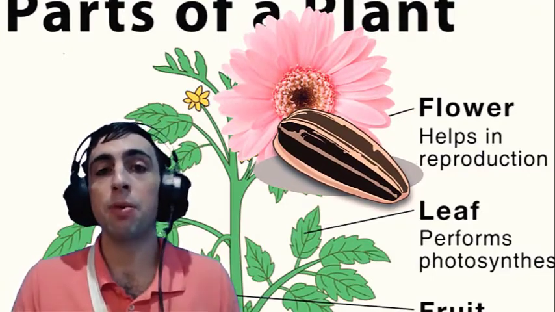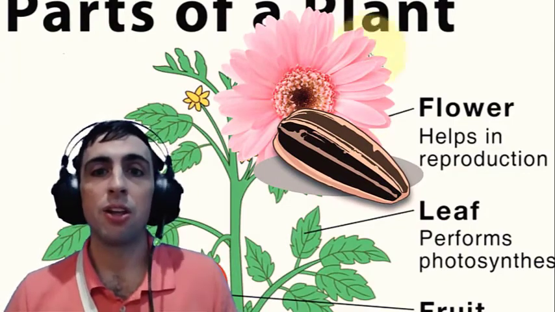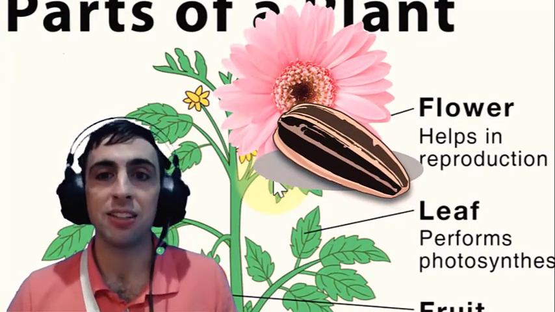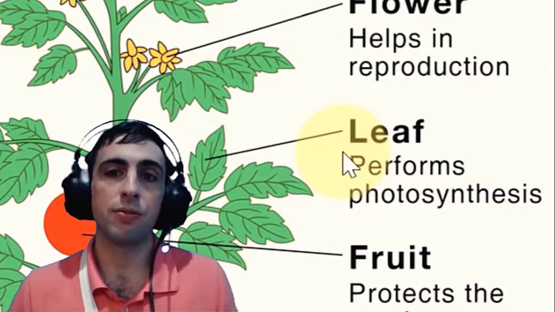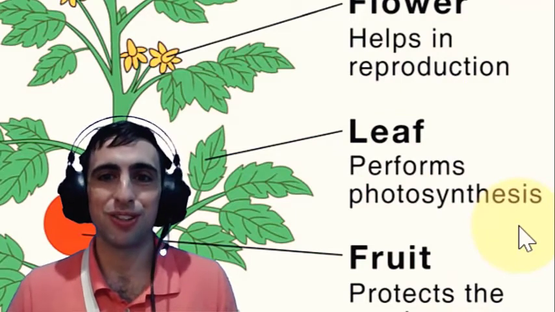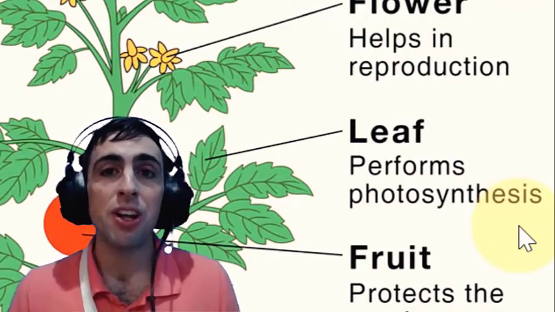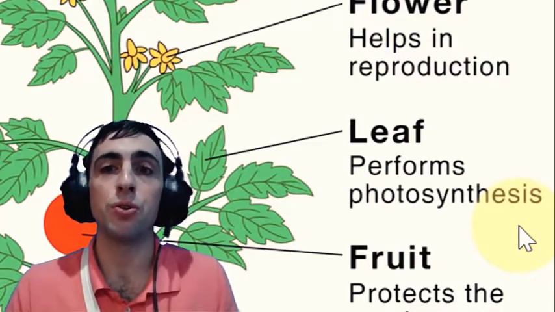It will end up completing the plant life cycle. Our next part of the plant is the leaf. It says here, it performs photosynthesis. That is a big word saying that a plant turns sunlight into food.